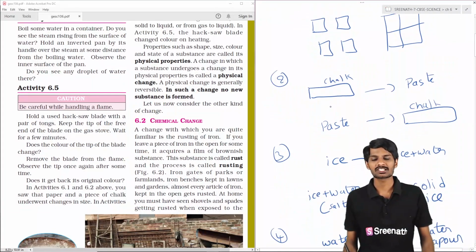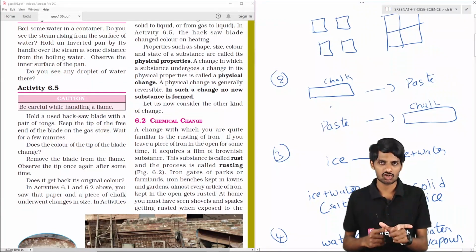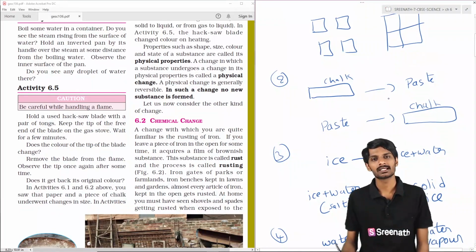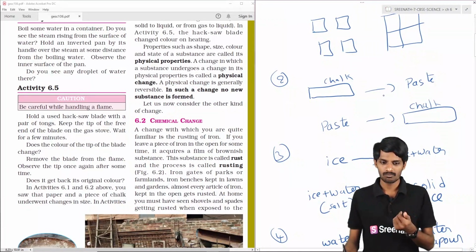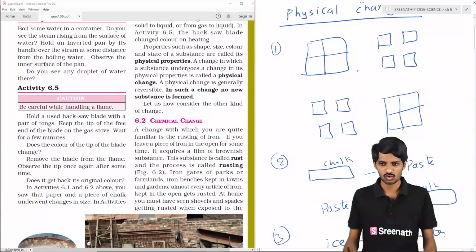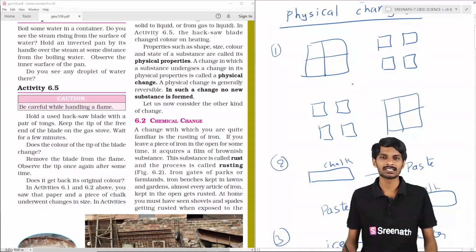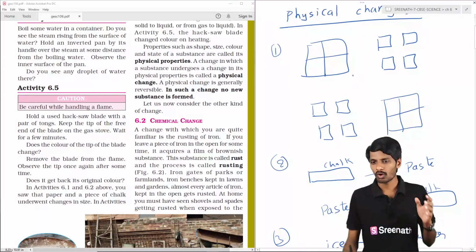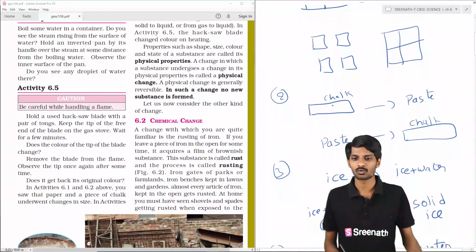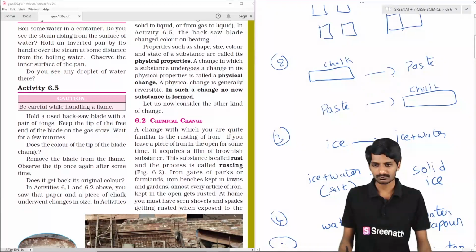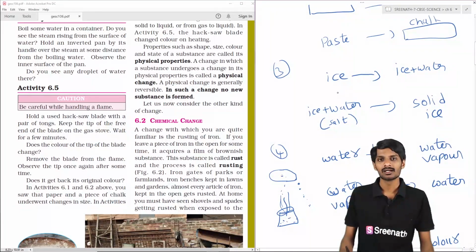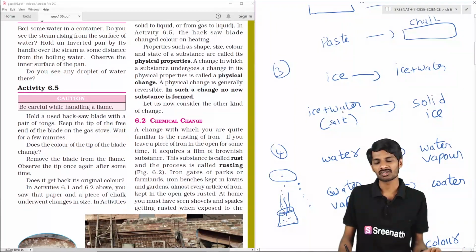Next, we took the chalk and made it into a paste powder, but we didn't get the chalk back. So it is not a reversible process. We are not getting the original pieces or original shapes here. But here we have made the ice into water, and at the same time we can convert the water into ice, so it is reversible here.